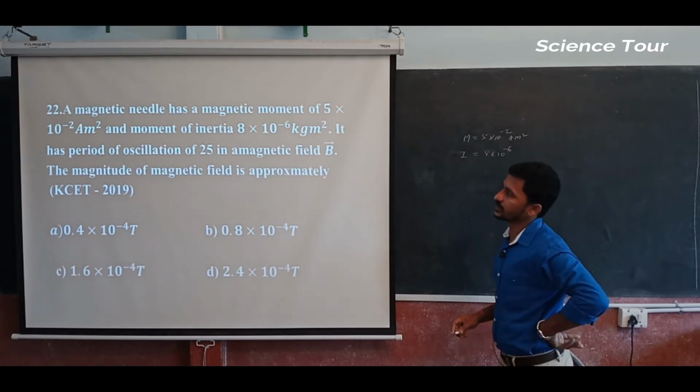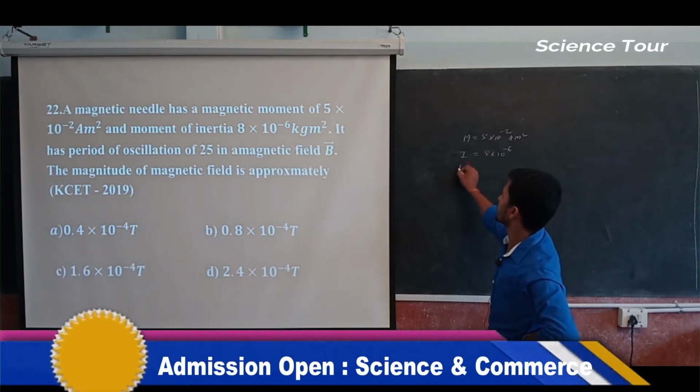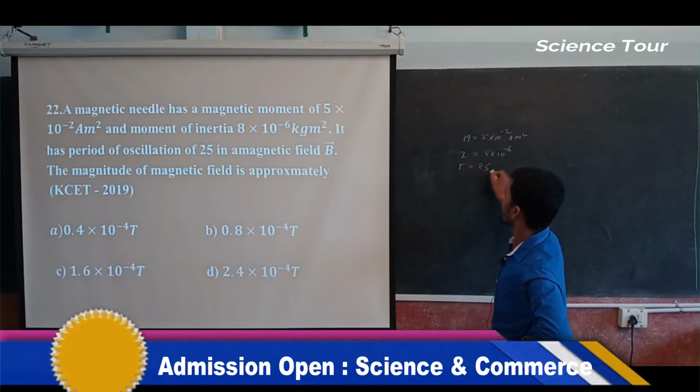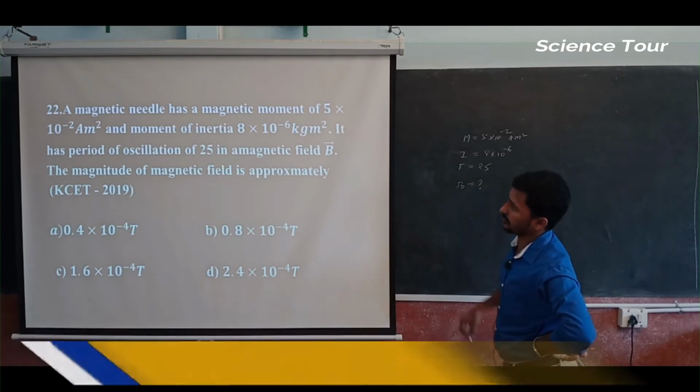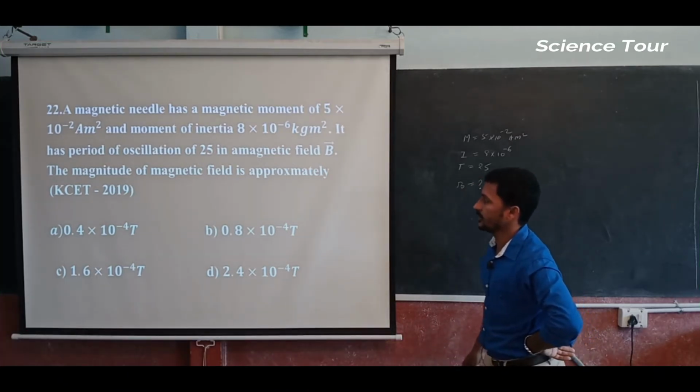It has a period of oscillation, that is T is equal to 2 seconds, and the magnitude of the magnetic field is approximately, simple, right?